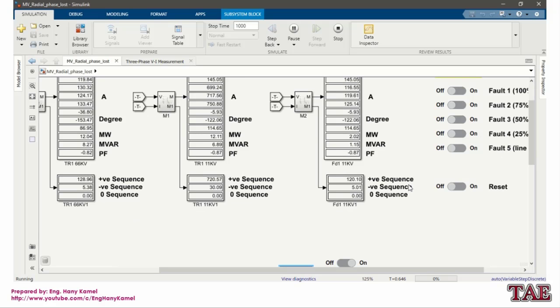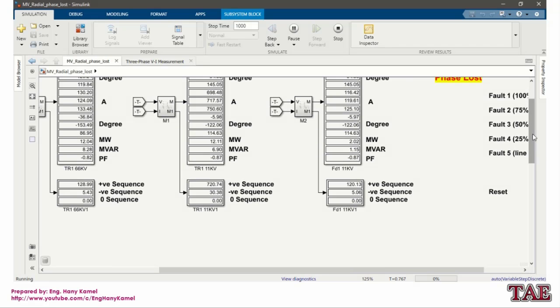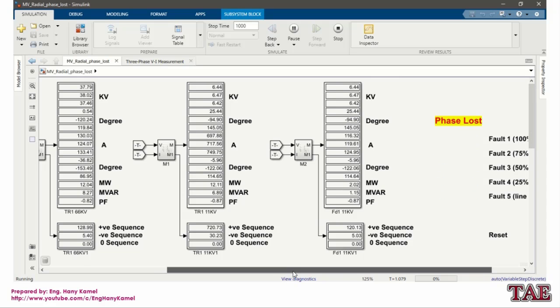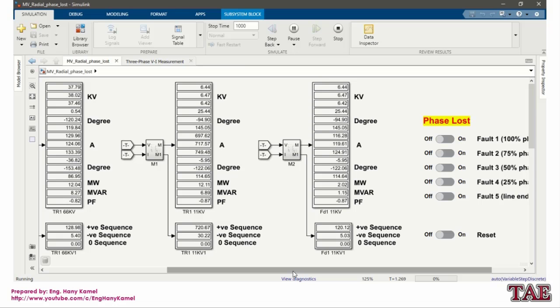The system is stable, but we can see there is some current unbalance because the load is unbalanced.